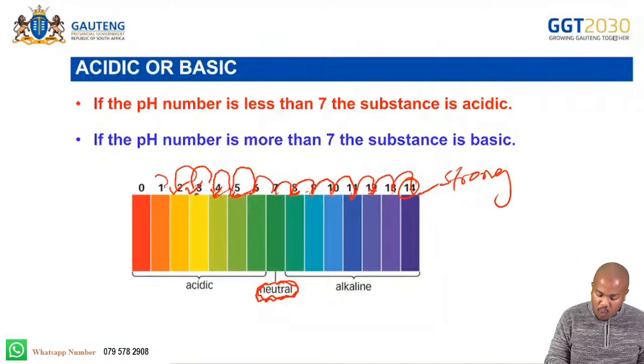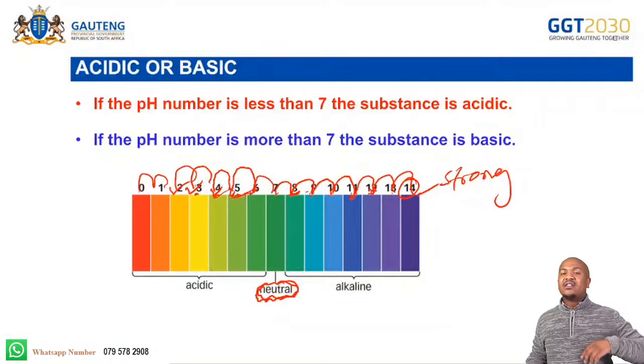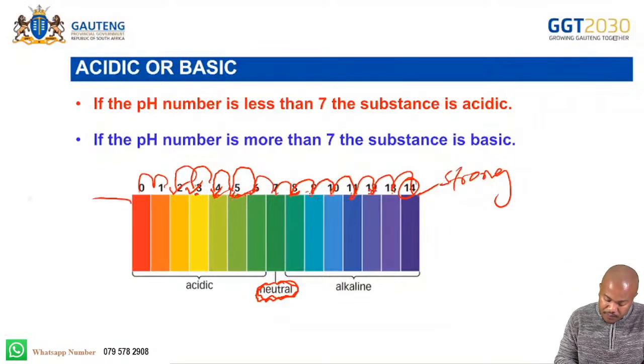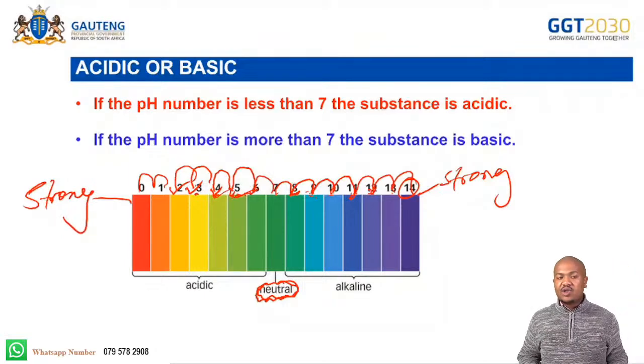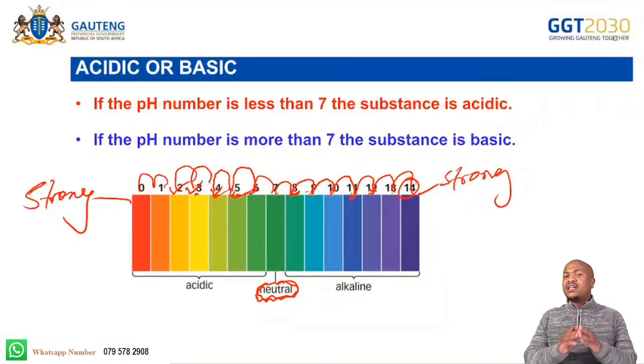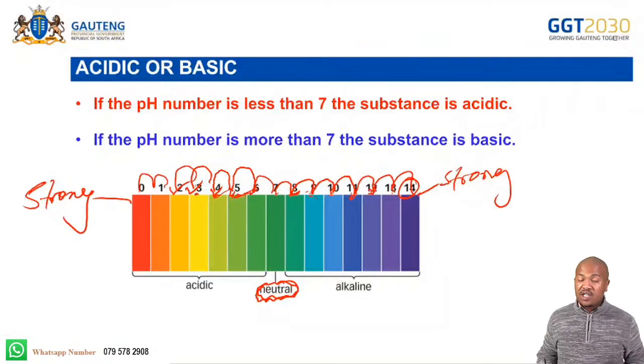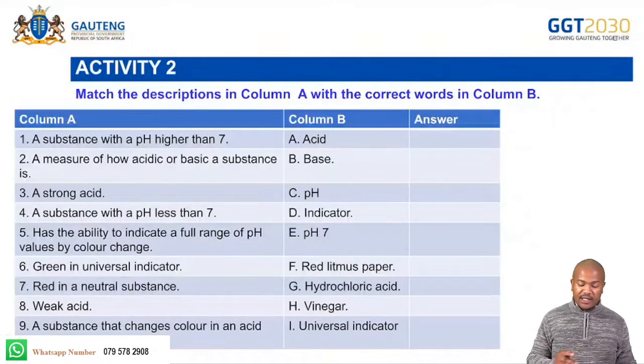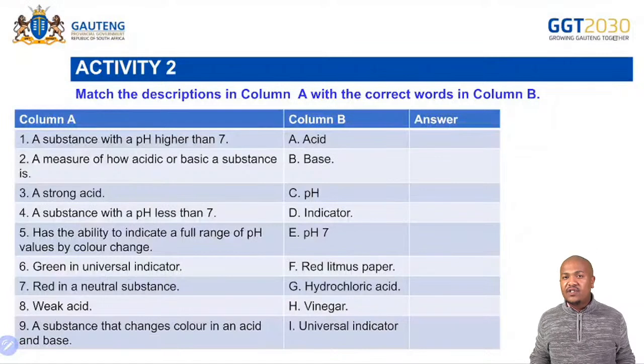At 1 and 0, that's where you find the strongest acids, that are stronger than the ones at 2, 3, 4, 5, and 6 of pH value.